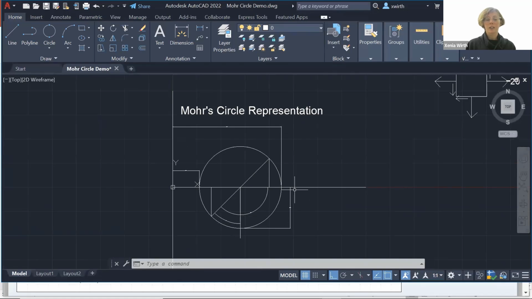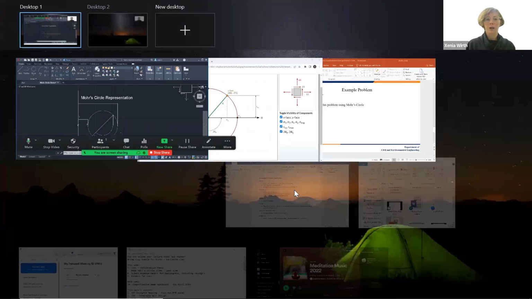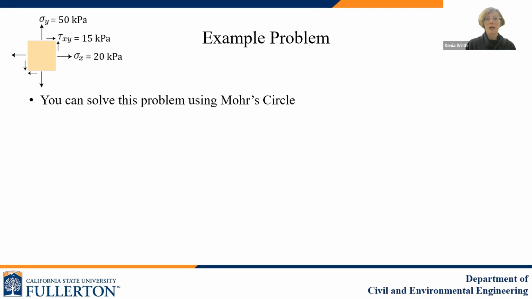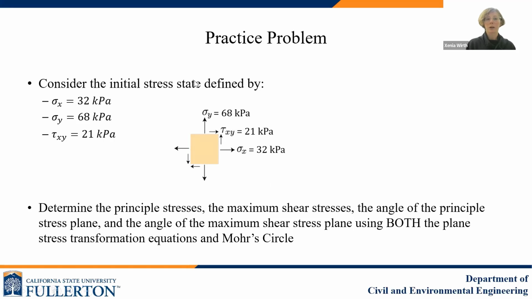Lastly, to conclude this video, I'll show you a short practice problem. I encourage you to do this problem in both ways. Now that we've solved that one using Mohr's circle, I encourage you to go back and try this problem.